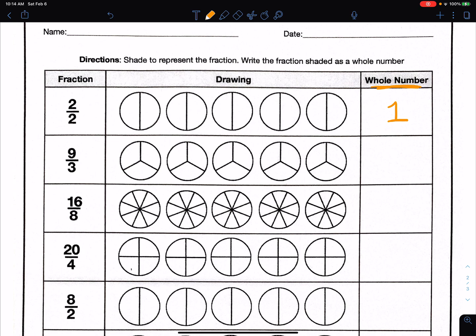Now it wants me to shade in to represent this fraction. I have 2 over 2, so I know I need to do some shading. If I shade 1 and 1/2, that gives me 1 whole circle shaded, right? So 2 over 2, I have 2 pieces shaded to give me 1 whole.